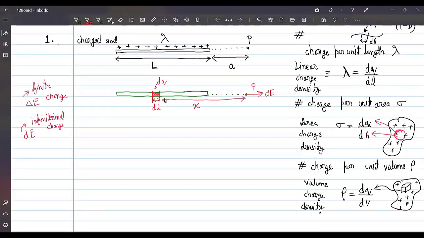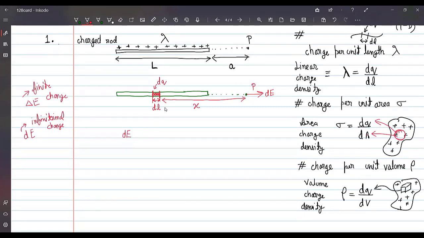So I have taken my length as really small, 0.0000 and many zeros, then 1 meter. And luckily we have calculus in our hand, so mathematical techniques will help us in calculating the net electric field at this point. So this very small amount of charge is producing a field at this point P, which is given by dE. Don't worry about dE.